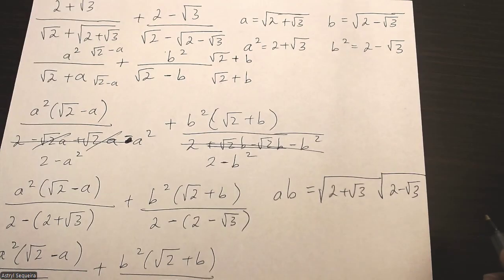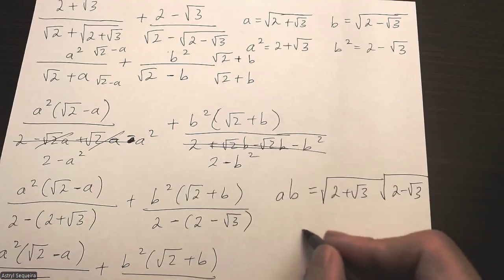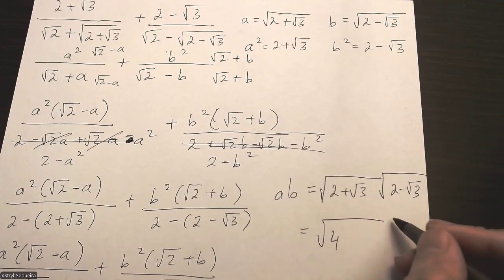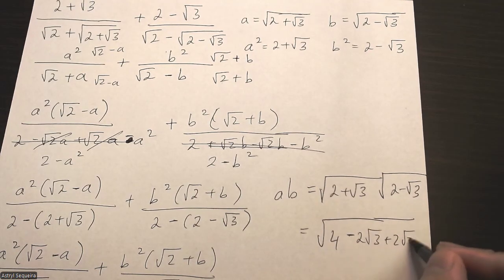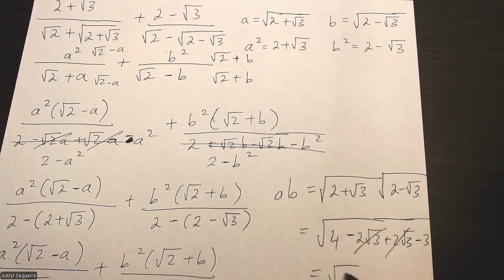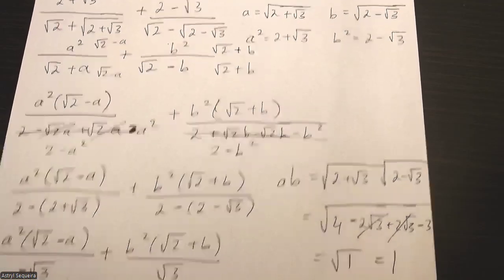So I'm just multiplying these two together. 2 times 2 is root 4 minus 2 root 3 plus 2 root 3 minus 3. These two cancel. That's just root of 1, which is 1.